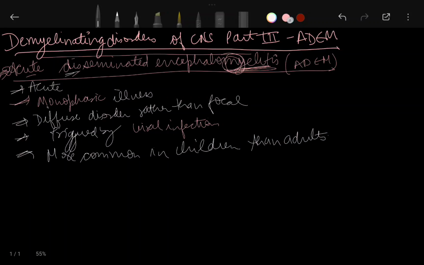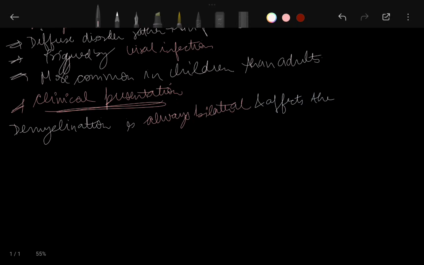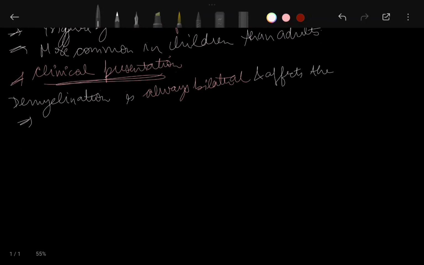Now the clinical presentation. In acute disseminated encephalomyelitis, the demyelination is always bilateral, and deep grey matter is involved.